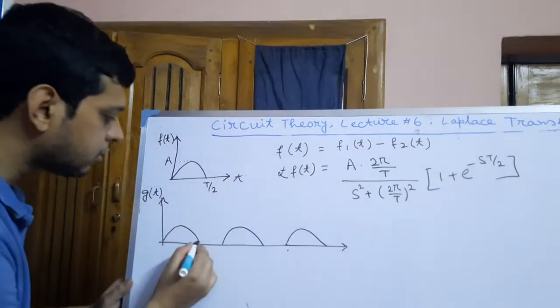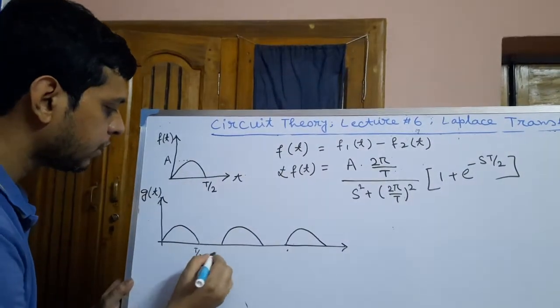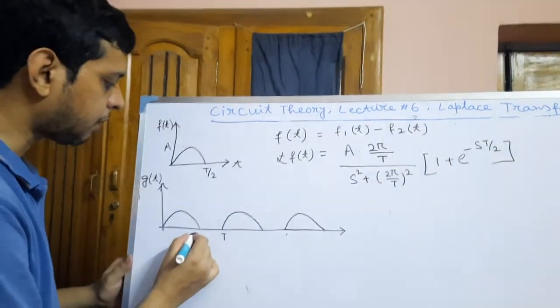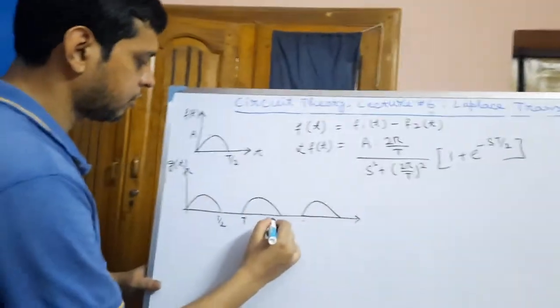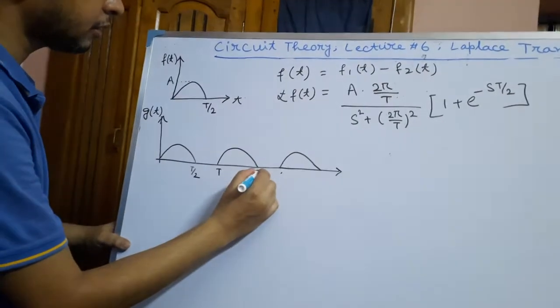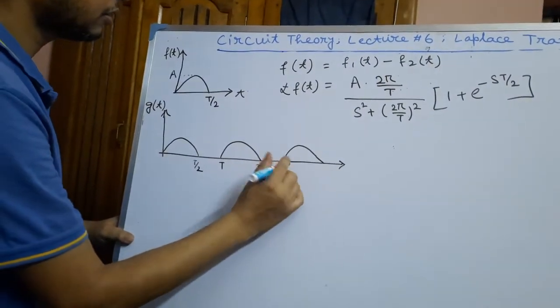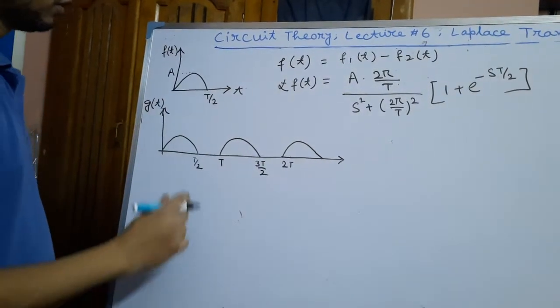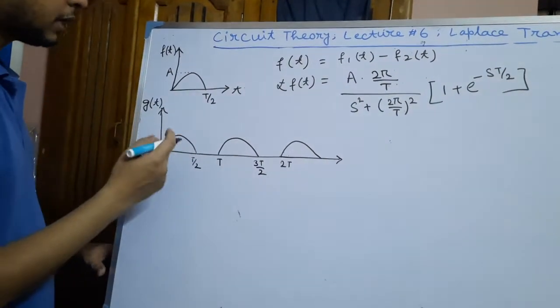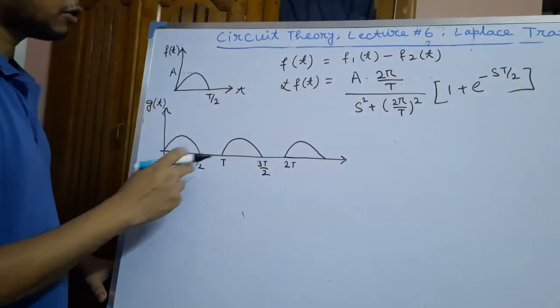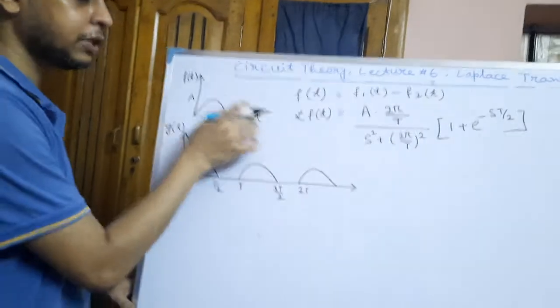Now this is up to T/2 and this will start again repeating itself after T. This is T plus T/2, that is 3T/2. This is 2T. So this is nothing but a repetition of this one, or this is a periodic function of this one.